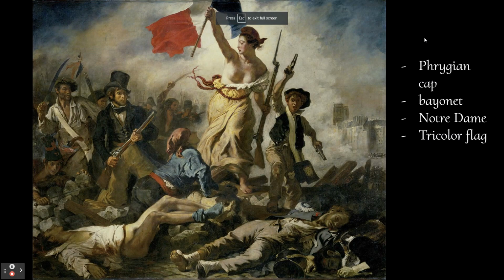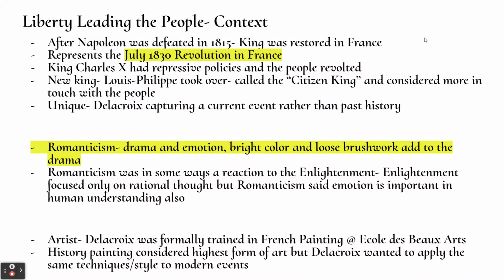All right, so here is Liberty Leading the People, which is a very famous painting. I'm going to give you a little bit of context. So let's talk about the history of what is actually being represented here. And the thing that's actually being represented is highlighted.